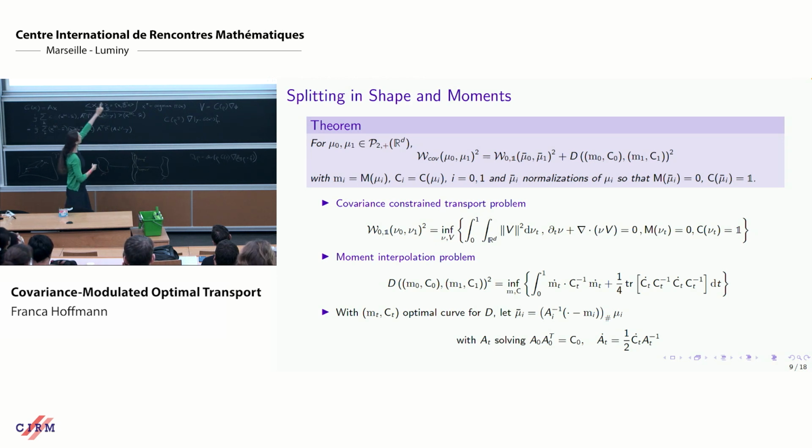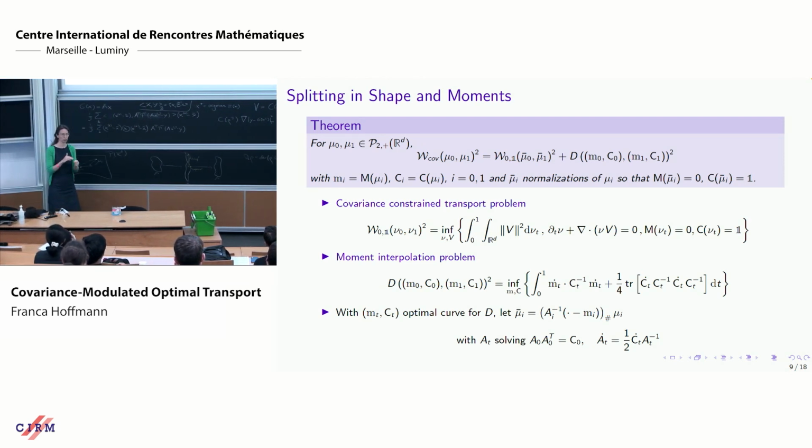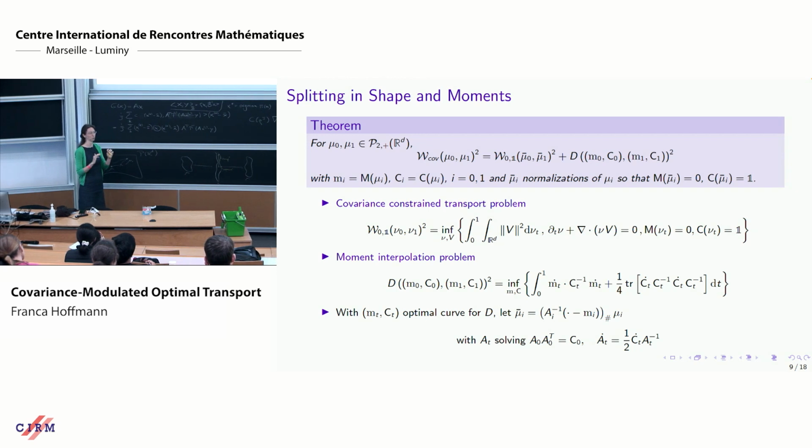That's why you don't see any weights in the kinetic distance, because the covariance is always identity anyway. And of course, this only makes sense if nu 0 and nu 1 have mean 0 and covariance identity, right? So you work in that constraint manifold.